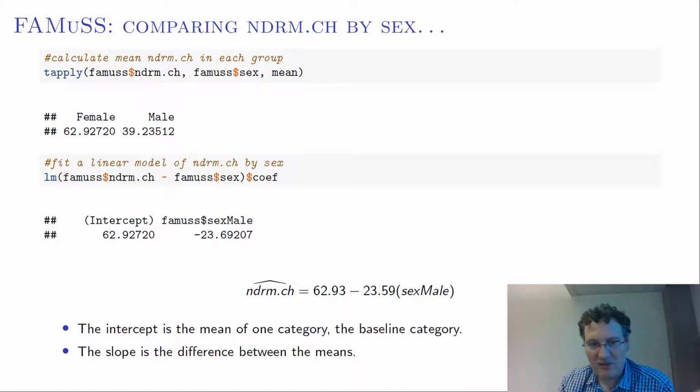You predict 62.93 if they're female, and if they're male, you subtract the difference so that the resulting prediction is 39.23512. Now this is very simple, but this is going to be extended when we do multiple regression. You can have categorical variables, and you can have multiple levels of them as well.